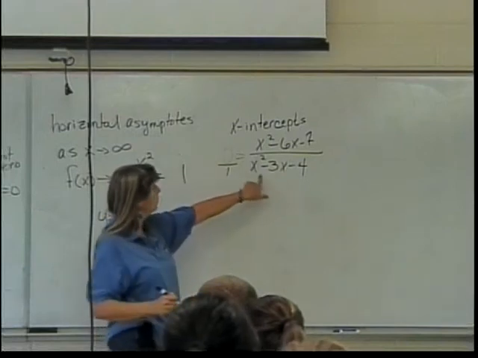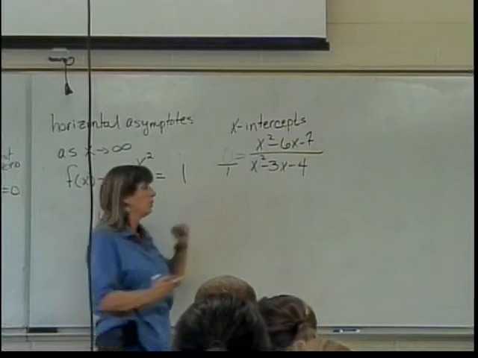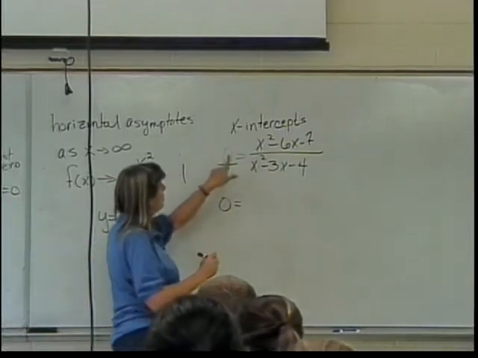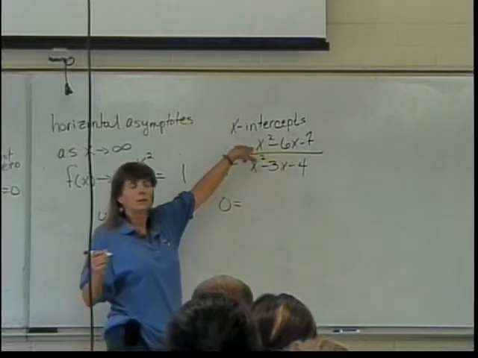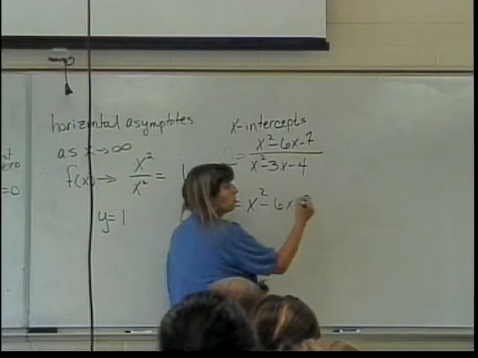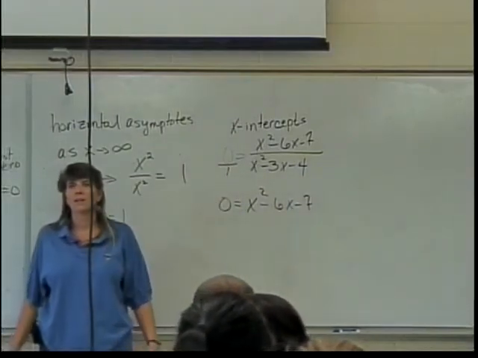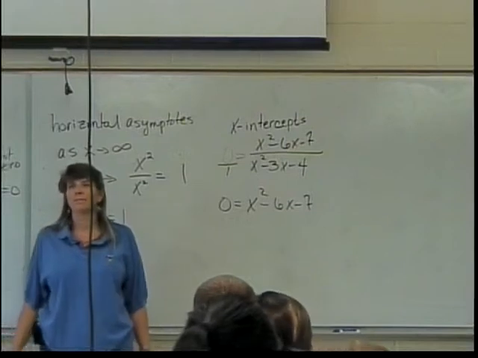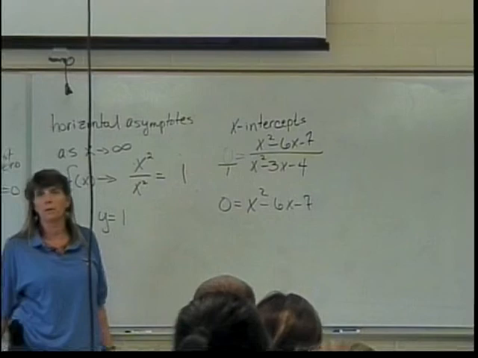When I multiply the 0 times x squared minus 3x minus 4, I get 0. When I multiply the 1 by x squared minus 6x minus 7, I get x squared minus 6x minus 7. Can you just skip that step? No, you cannot. You have to have the make-y-equal-to-0 step in there.